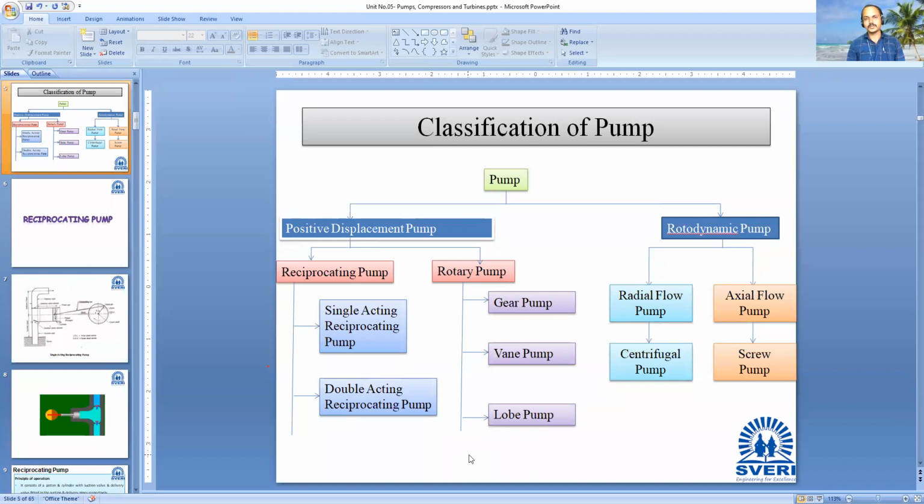Out of these pumps, only 2 pumps are included in our syllabus. Which are those 2 pumps? Please see the syllabus.